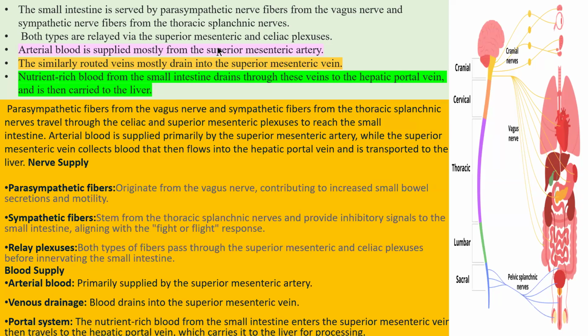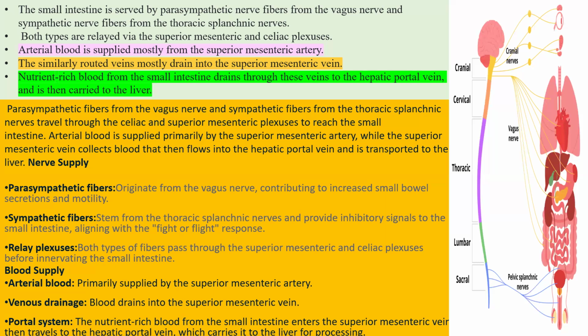The small intestine is served by parasympathetic nerve fibers from the vagus nerve and sympathetic nerve fibers from the thoracic nerves. Both types are relayed via the superior mesenteric and celiac plexus.